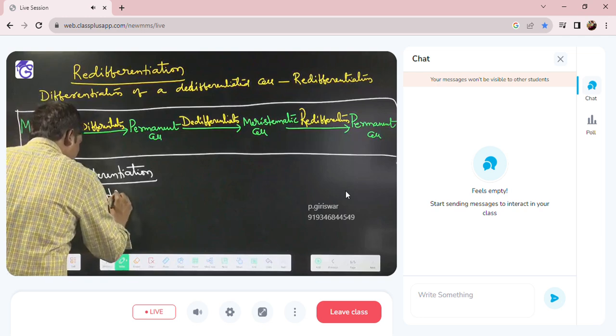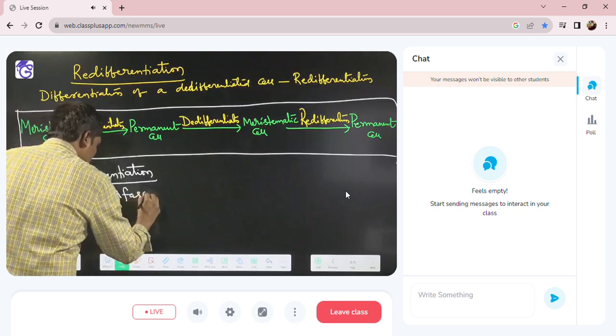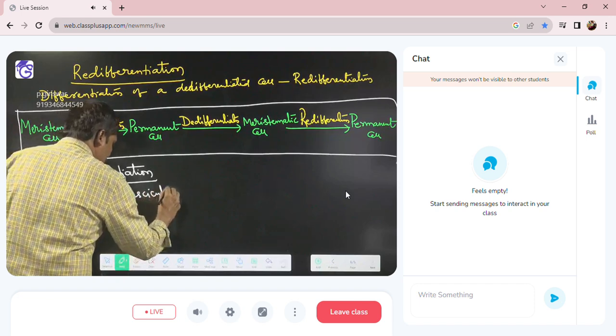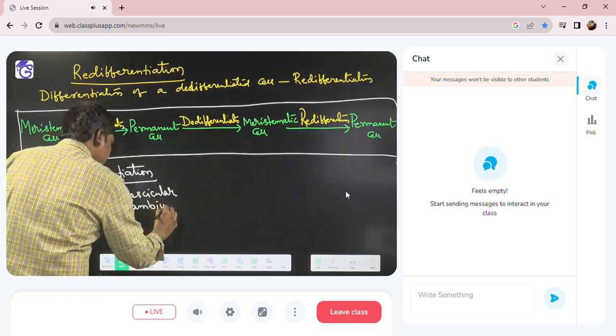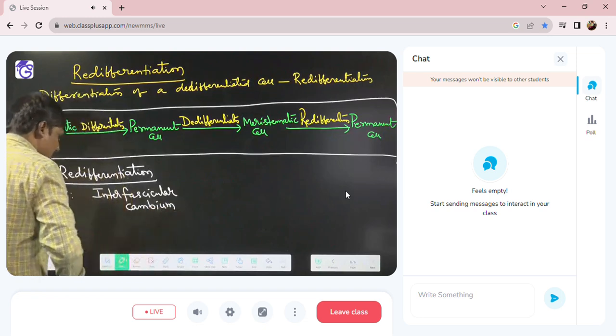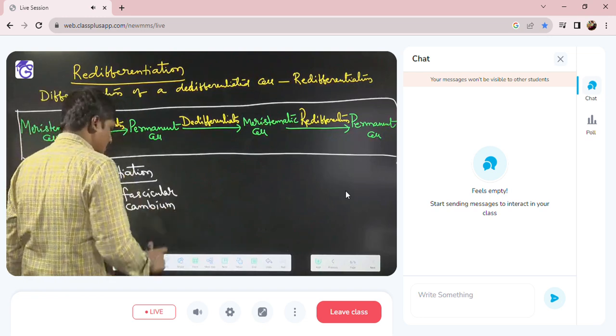Interfascicular cambium is formed in the secondary growth in dicot stem between the vascular bundles.